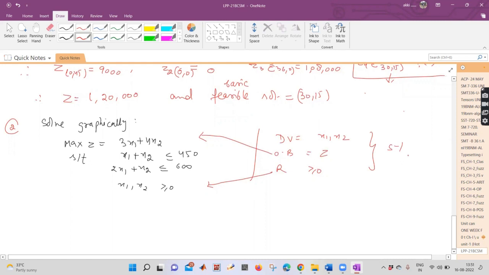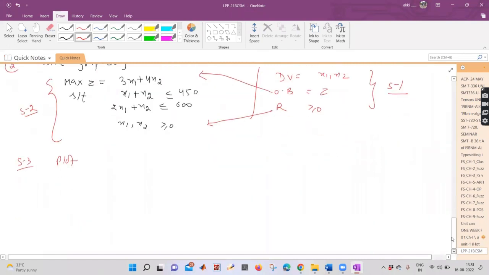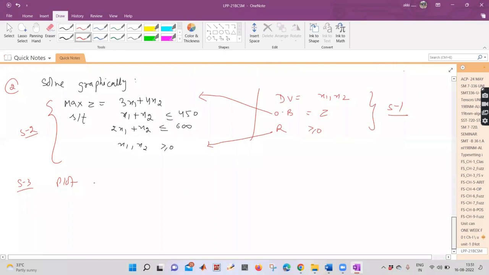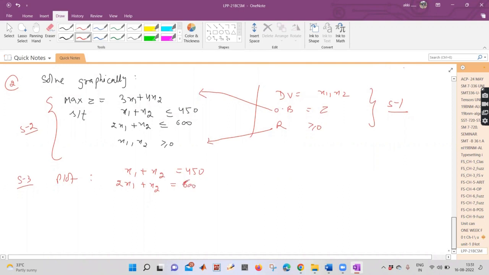So this is your step 1. Formulation is already done. Step 2. So in step 3, we need to plot directly. So now you plot it. Here the equations are x1 + x2 = 450 and 2x1 + x2 = 600.